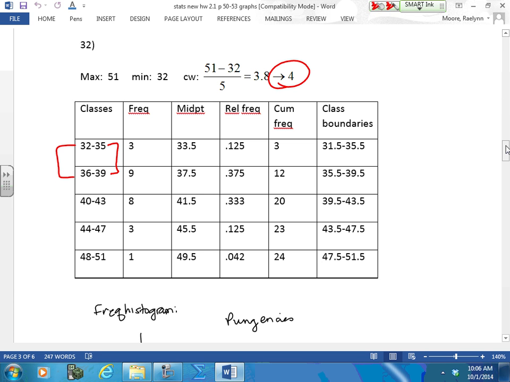What happens is sometimes you have data that is all in decimals. Like, say you're doing gas prices. $4, and, you know, they go out to 3 decimals. $3.675. You may run your data with decimals, but then you're going to have to figure out your class width with a decimal in it. But you don't want to round up to the highest number, right? Then you won't have a big difference in your classes.